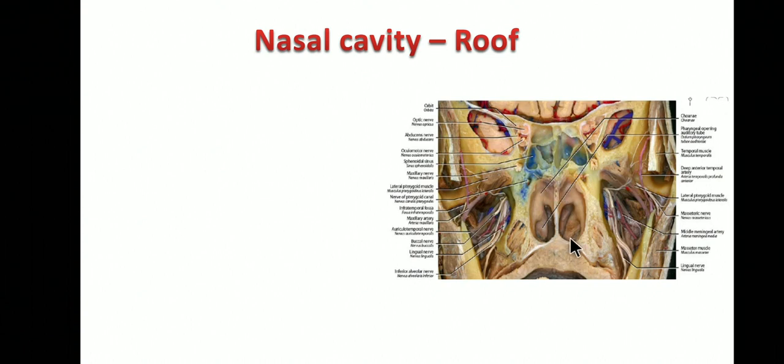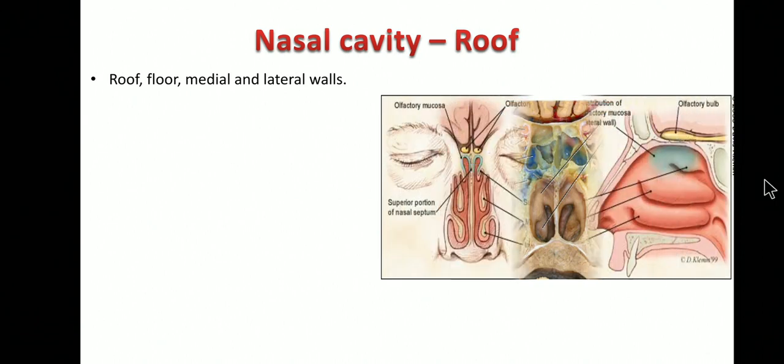The floor is somewhat concave and horizontal. The roof is very narrow. As I told you, the nasal cavity has a roof, floor, medial and lateral wall.